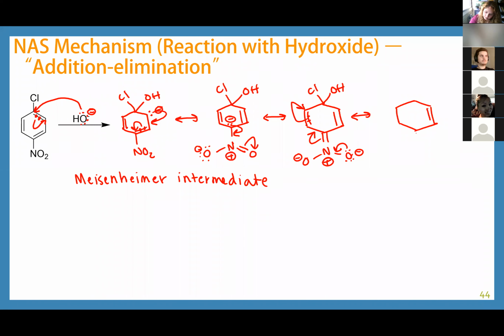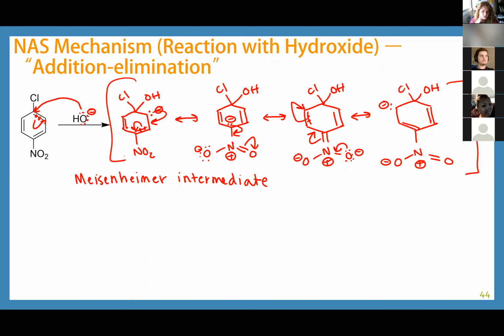And if you're having a hard time keeping up with these structures, there is a lecture that I'm going to post where I cover the exact same thing. Okay, so those are all of our intermediates. So they're all resonance forms.